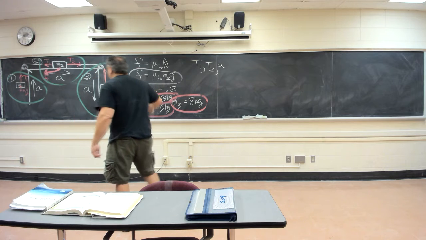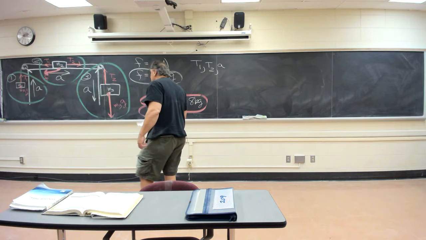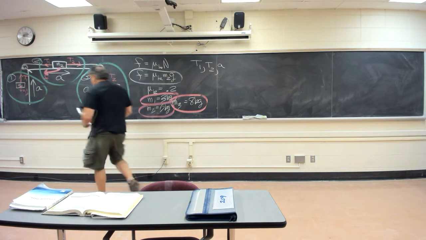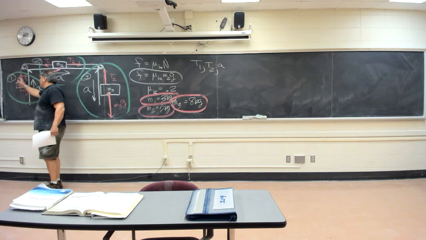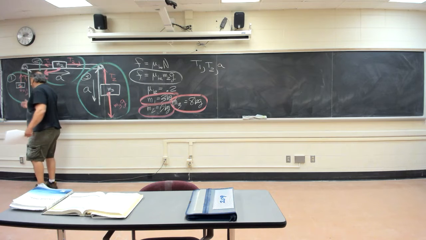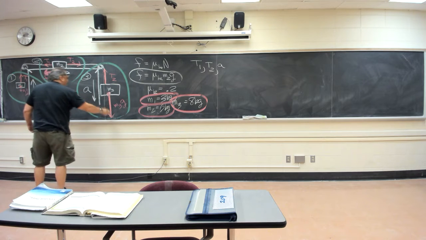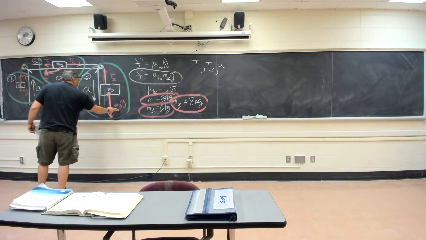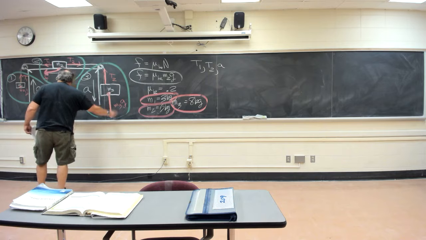We kind of stated that in pretty blatant terms here. The result of this tug of war between T1 and M1G, T1 wins it because everybody's going this way. This beats everybody. So everybody's going clockwise.